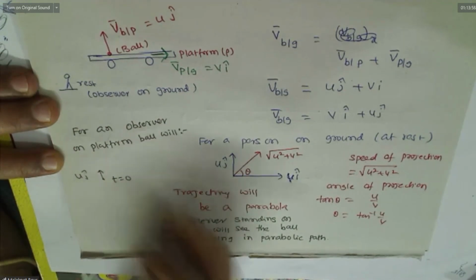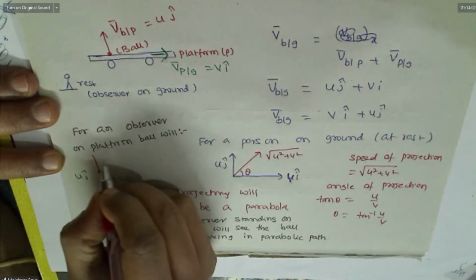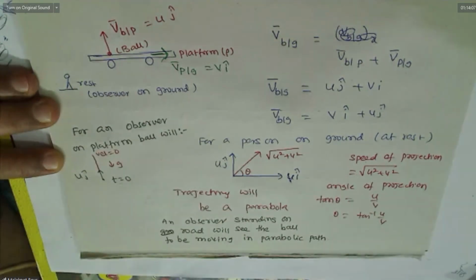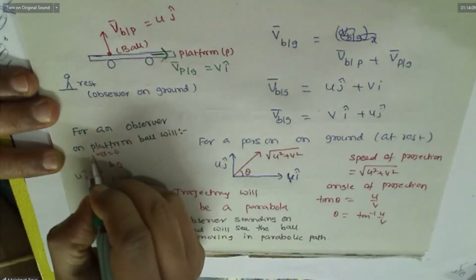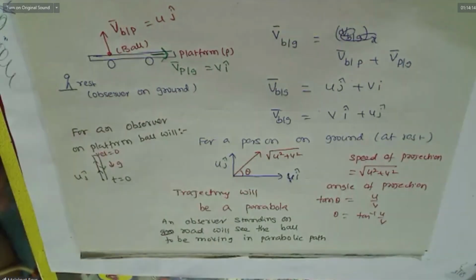At t equals 0, it rises, because of this g velocity becomes 0, then again it returns back, or not?